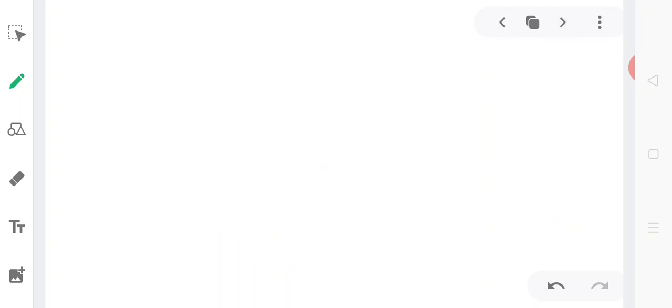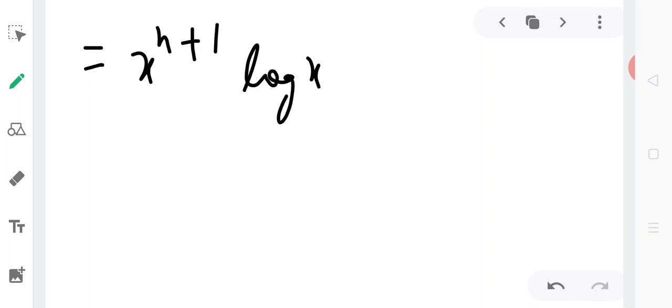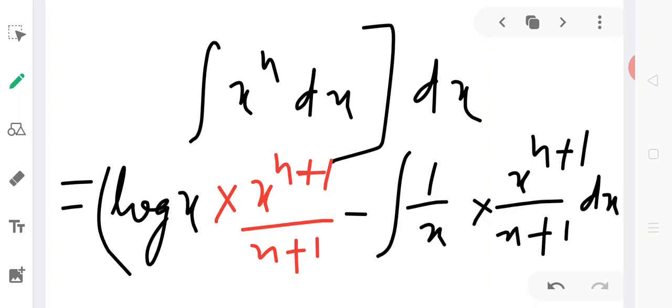So now the first part will become x to the power n plus 1 into log x divided by n plus 1. We are simply multiplying these two terms.